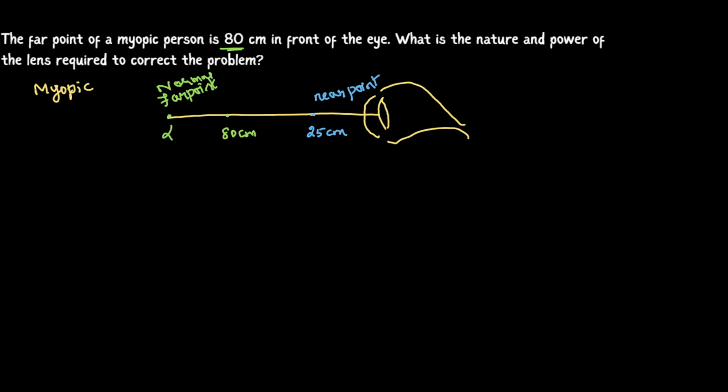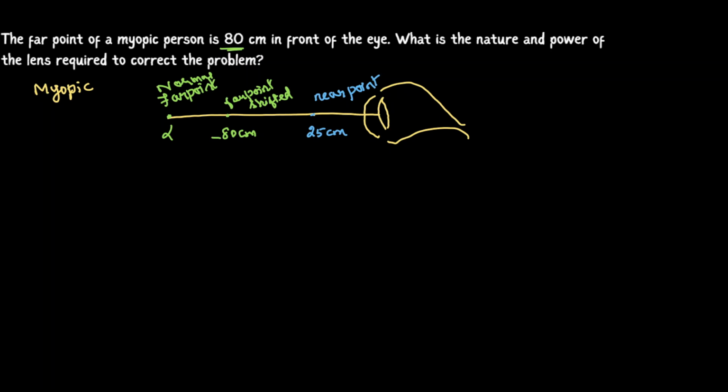As it is in front of the lens, it is minus. Now when the object is at infinity, the person should be able to see. In order to correct that, we are going to find the corrective lens. What is the power of the corrective lens?